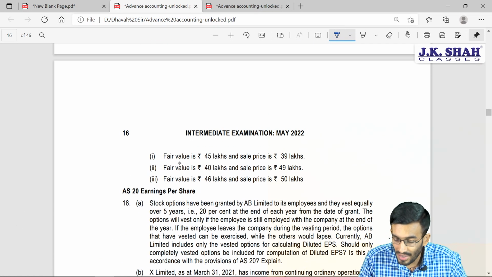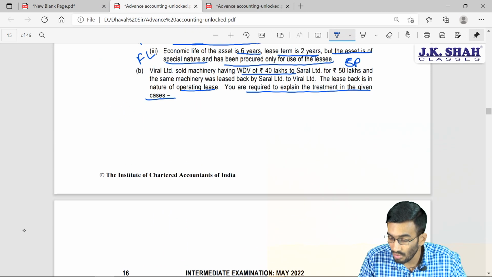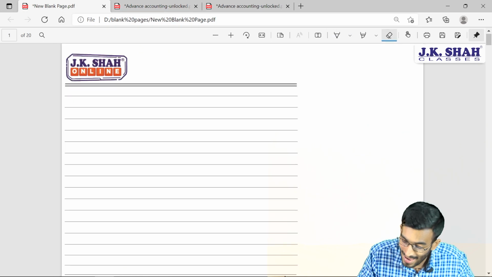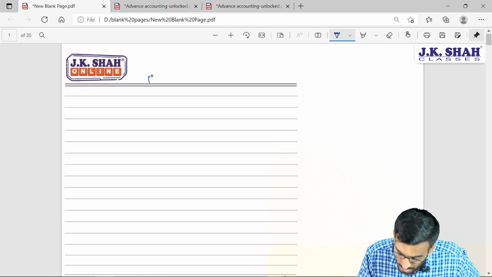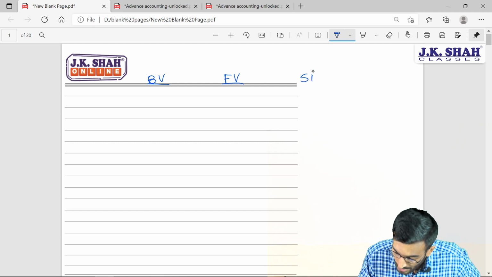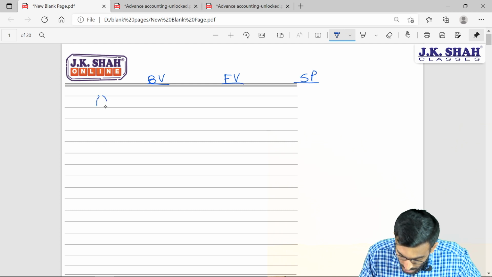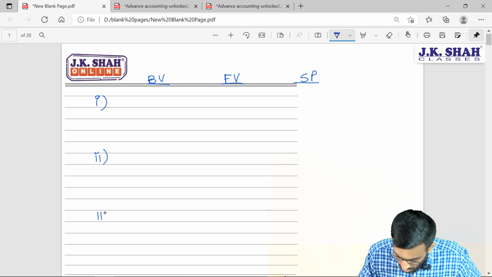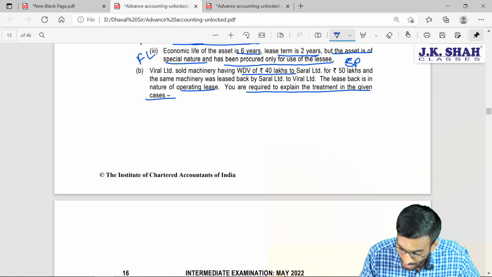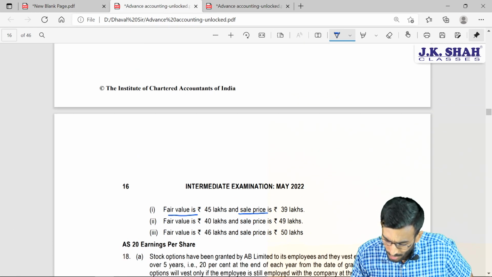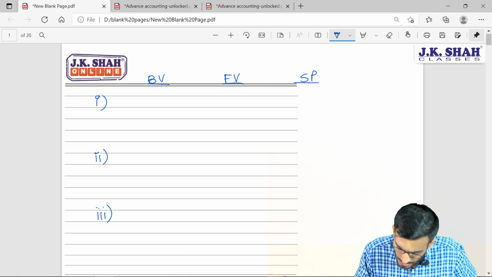Okay. So fair value and the sale price is given in individual cases, and we know the book value is 40 lakhs. So let me write here, sir, book value, fair value and the selling price. Sir, first situation, then the second situation and the third situation. Let us discuss one by one. Book value is 40 lakhs in all the cases.